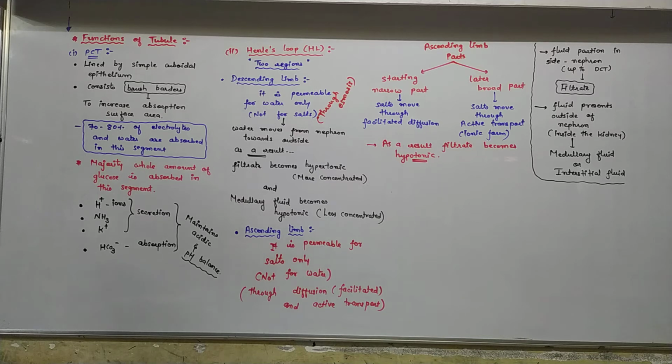So here passively by facilitated diffusion, because electrolytes move through carrier molecules. Therefore, as the concentrated filtrate passes upward, it gets dilute. So it becomes hypotonic due to passage of electrolytes to the medullary fluid. So here electrolytes move outside.